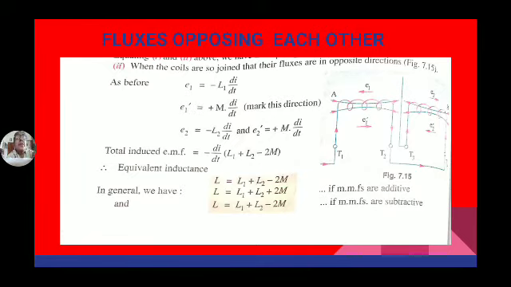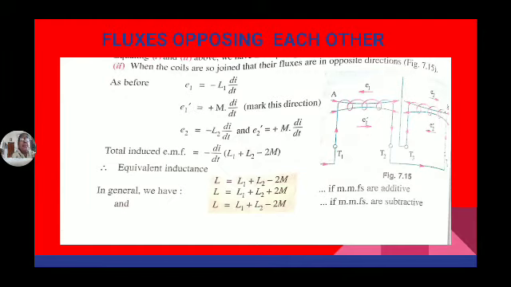Actually we have to take minus M di by dt, but here we have taken plus M. Why? Actually it is minus, but the flux is in the opposite direction, so it also develops EMF opposite to the self-induced EMF. Minus of minus M di by dt is nothing but plus M di by dt.